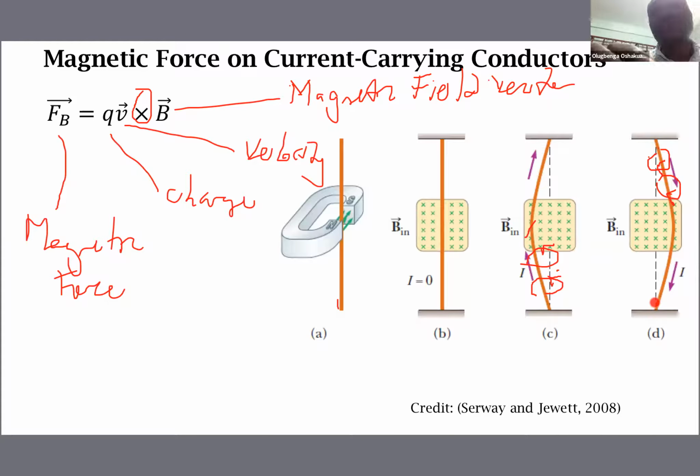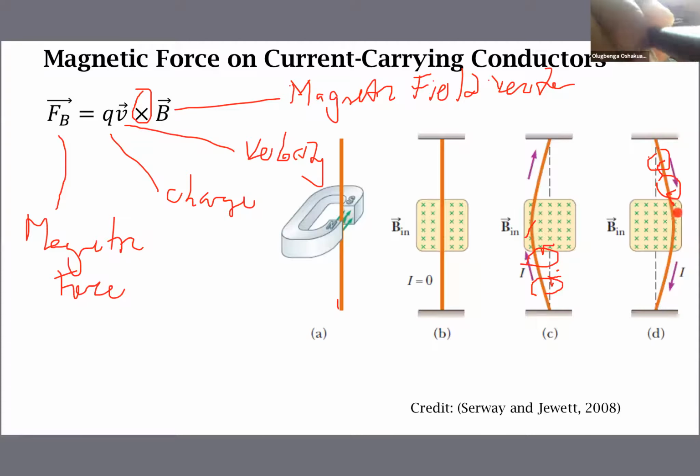Same type of conductor, same current, same magnetic field, but the only difference now is that the direction of current flow is opposite, so we would experience the magnetic force acting in the opposite direction, like we had in figure C.